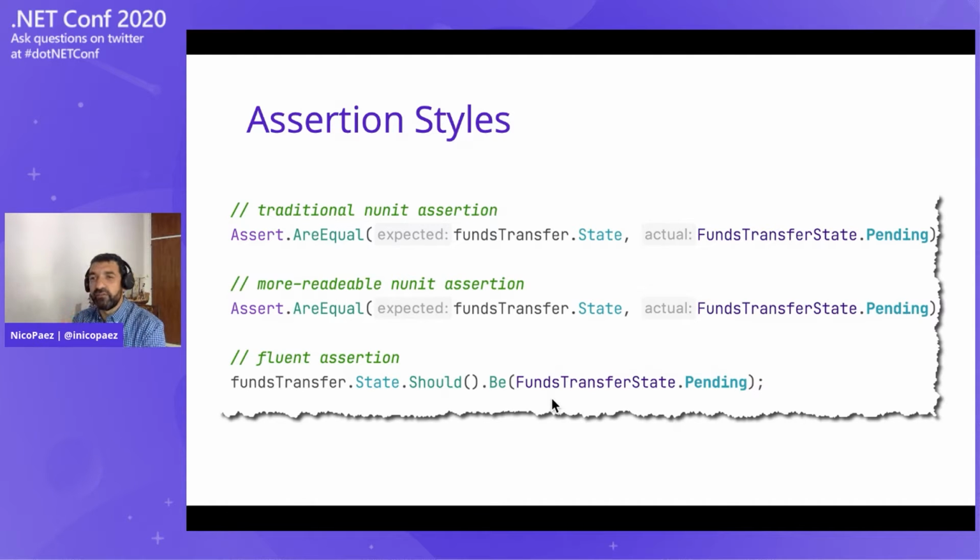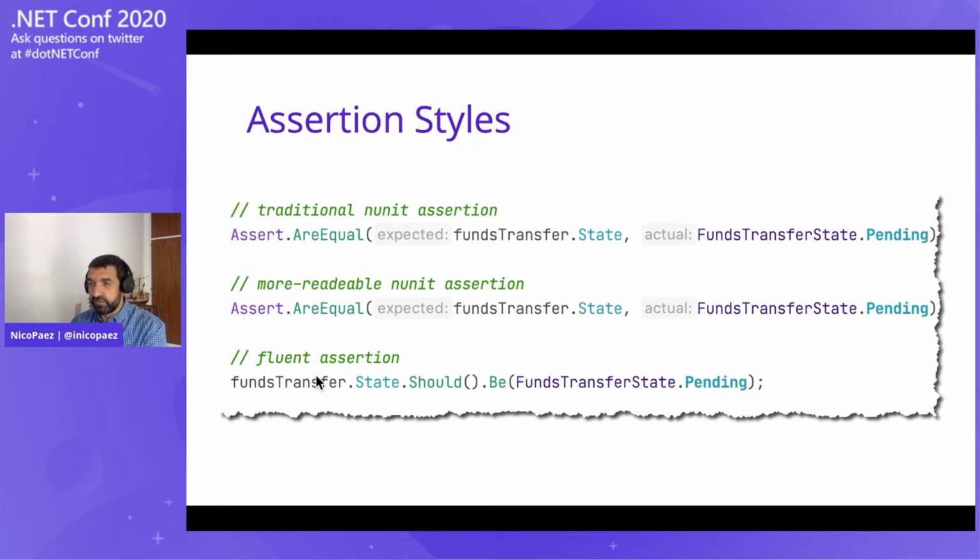This slide is not updated. I will show this in code, it doesn't matter. In recent years, NUnit added another assertion called Assert.That, which allows a better, more readable way of writing assertions. And the last one that I want to focus on here is the Fluent assertion.